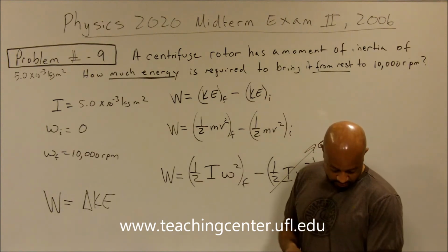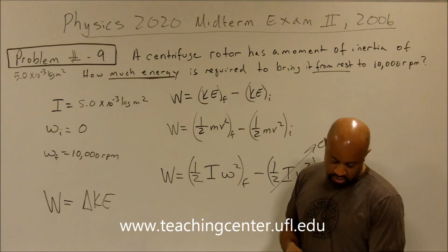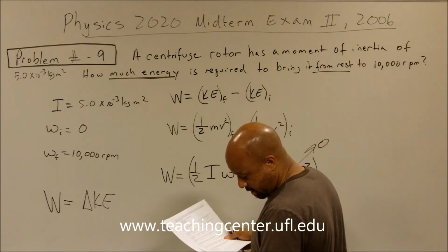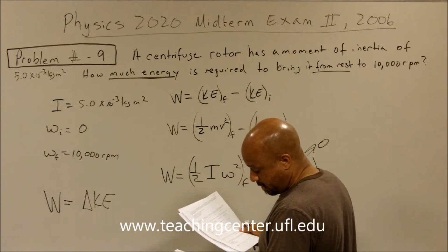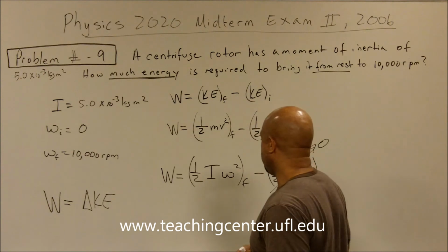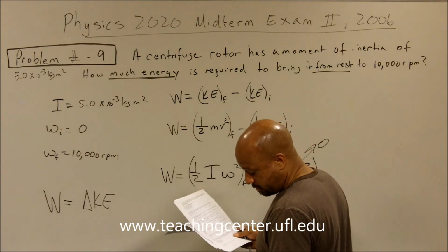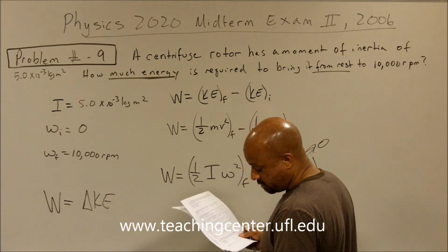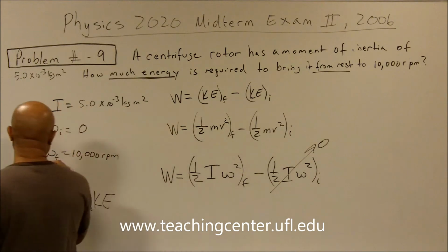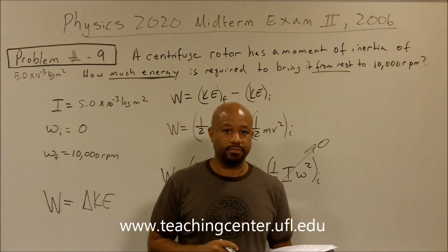The reason being is if you look at the answers, all your answers are either going to be in joules or kilojoules. Okay, and in order for it to be in joules or kilojoules, you need to have units of seconds in here. So we have to basically convert this angular velocity to radians per second.